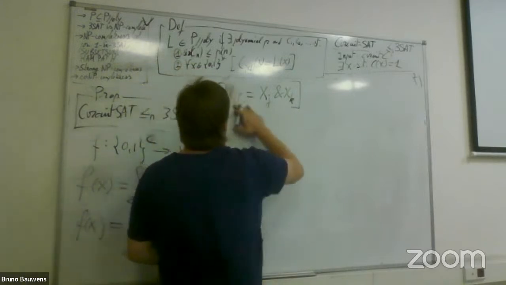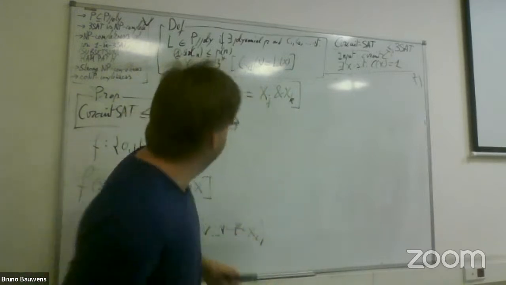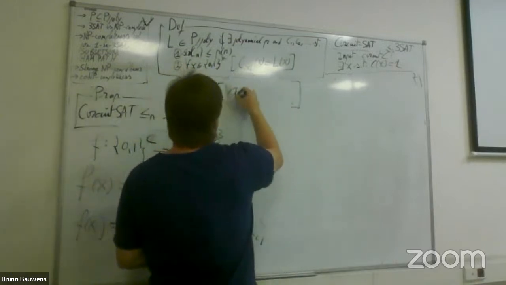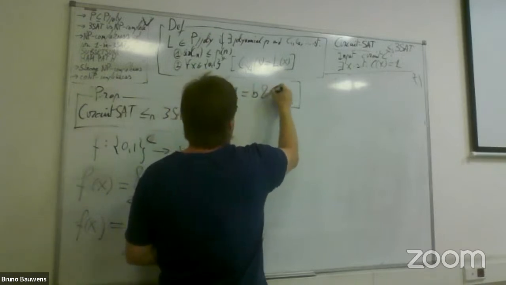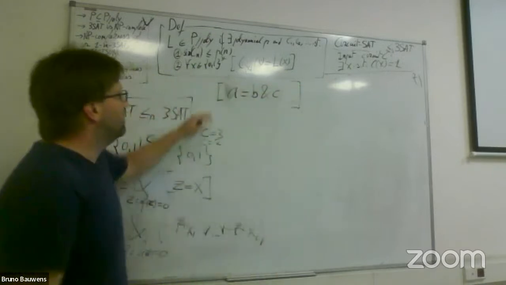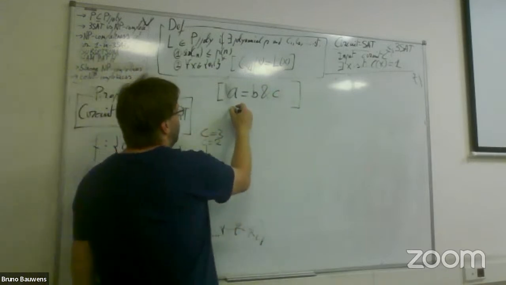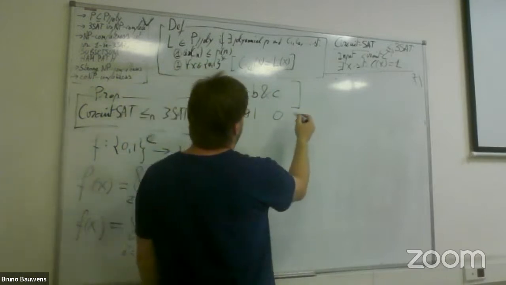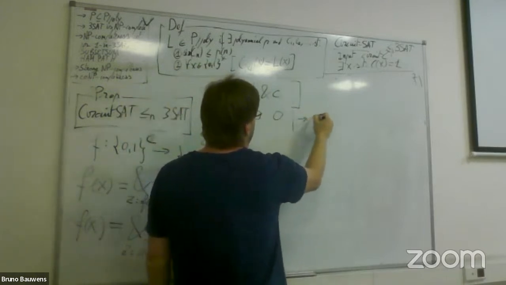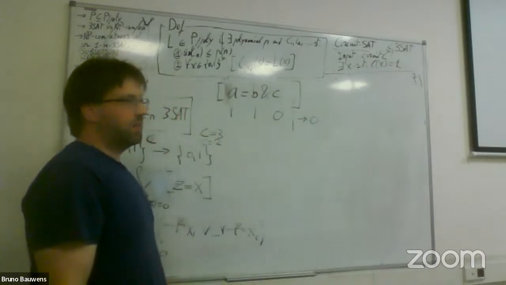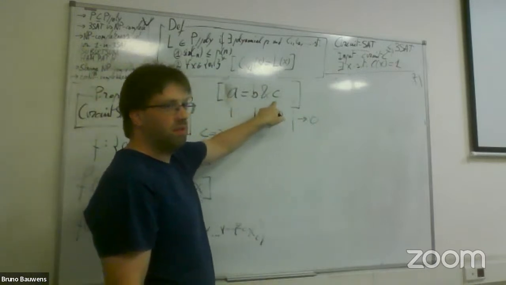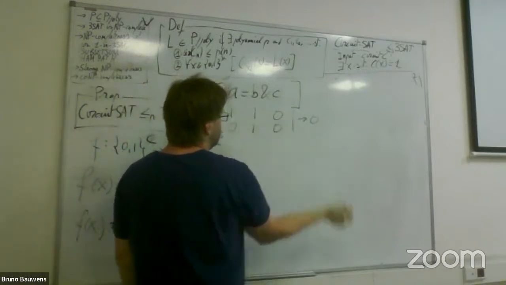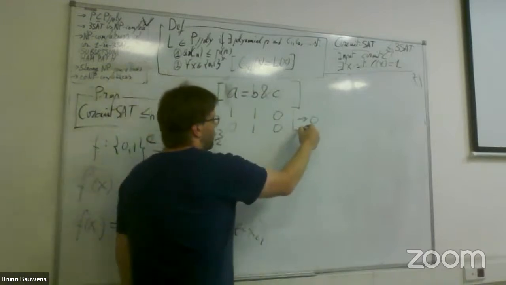Okay, let's write A, B, and C. So we have a function with 3 inputs A, B and C. For example, if A equals 1, B equals 1, and C equals 0, then the value of this function is 0, right? Because we have 1 equals 0. But for 0, 1, 0, that's correct, so that will be evaluated to 1.